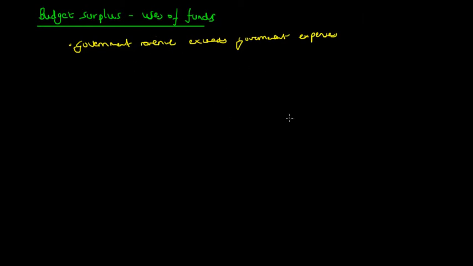Now, before we go into the uses of funds derived from a budget surplus, we're going to see what a budget surplus actually means. We know that a budget deficit is expansionary, so it stimulates aggregate demand. A budget surplus is typically contractionary, so it's a contractionary stance by the government.